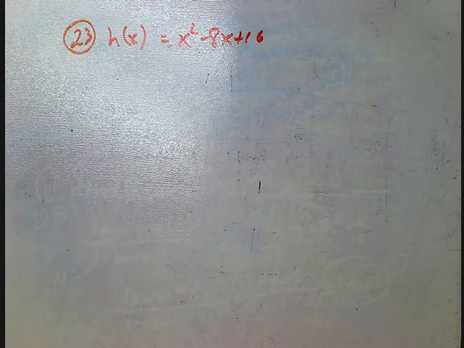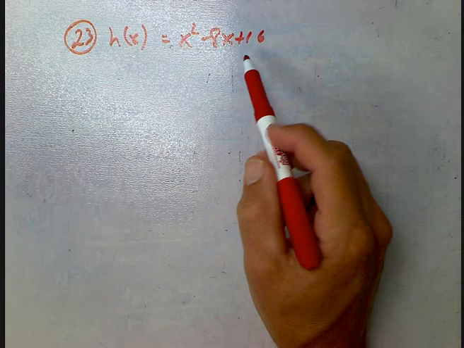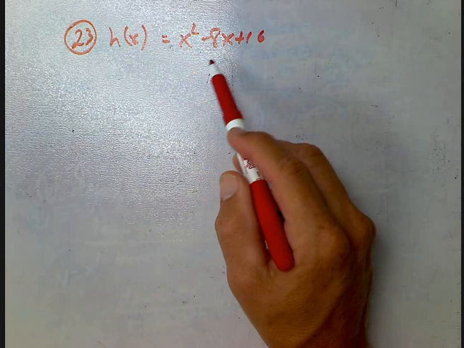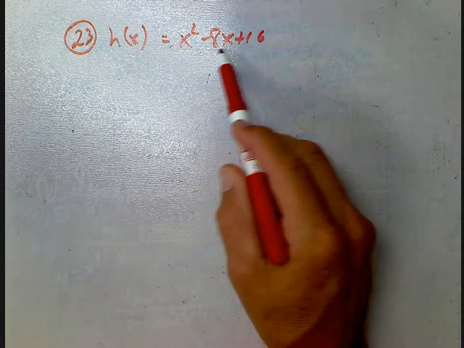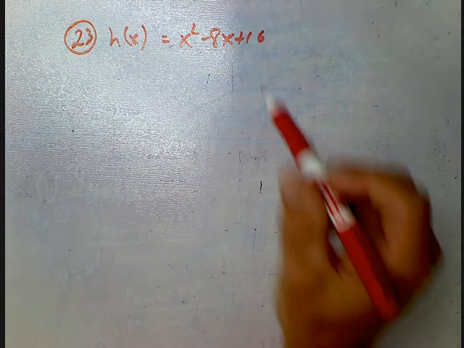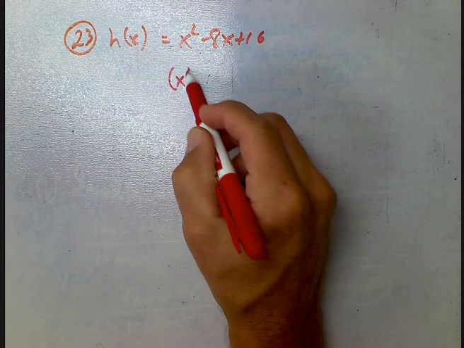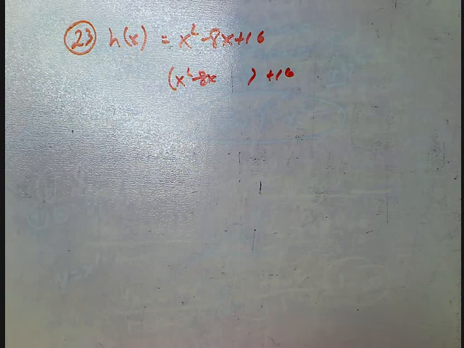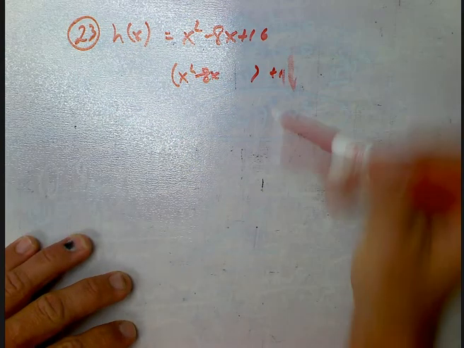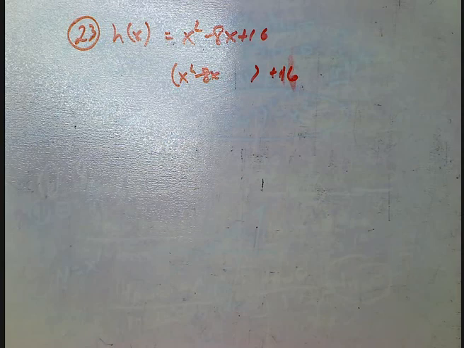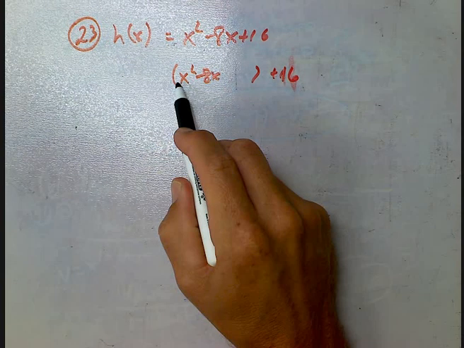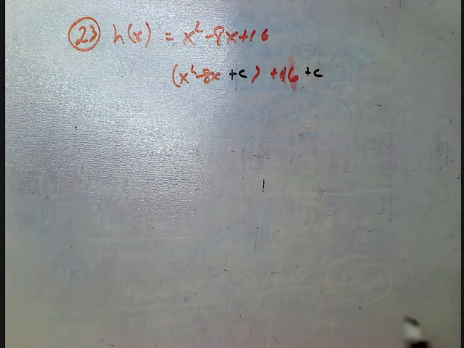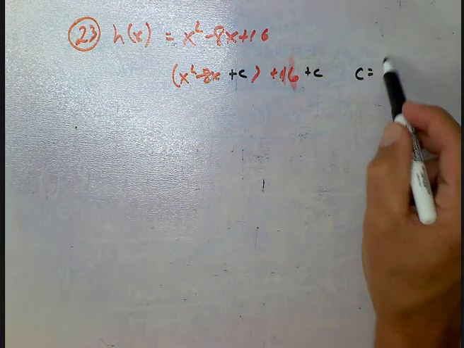Notice in this situation, this one is a little different from the example I gave you because the square is already completed. Well, let's do it the way we showed in the example. It's going to be x squared minus 8x, and then plus 16. Since there is no number in front of x squared, I don't factor anything, so I just add plus c minus c, where c equals b divided by 2 quantity squared.